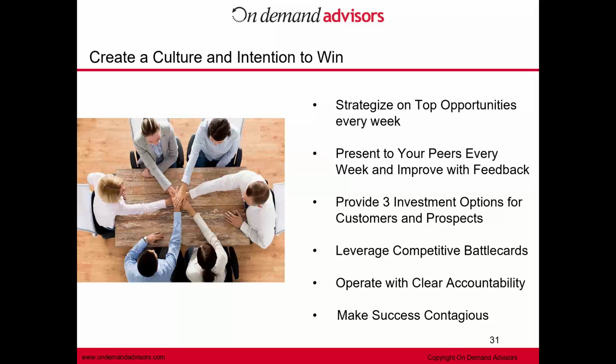Another really strategic thing that you can do with your sales organization is get them to stop providing one buying option to their prospect, and instead provide 3. For instance, let's say you have a client that is on a 3-year renewal, and you sit down with them and say, we're going to provide you with a new proposal for the next 3 years.